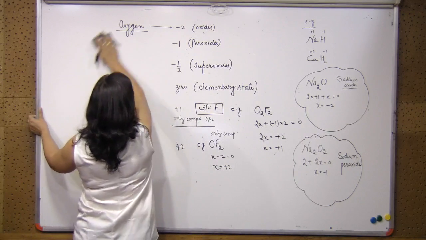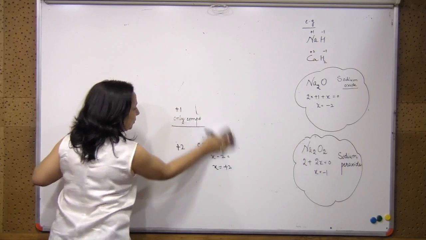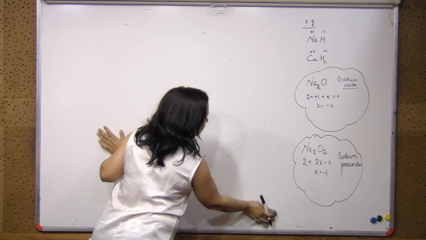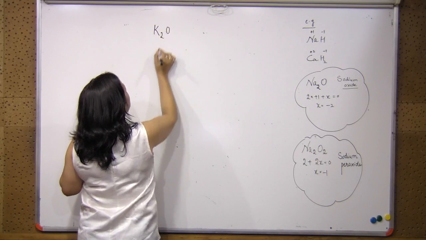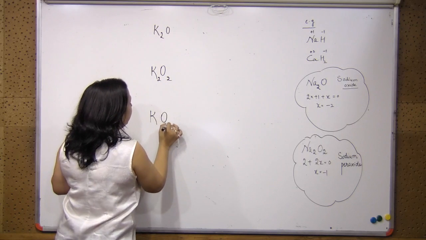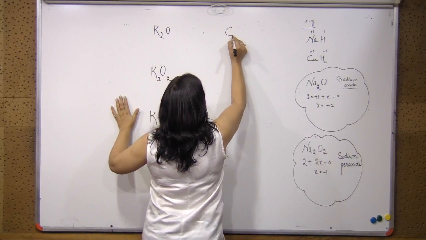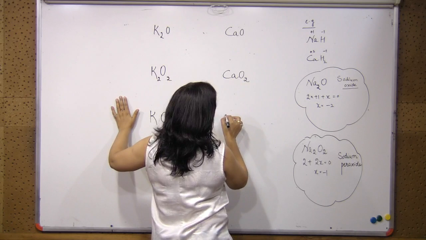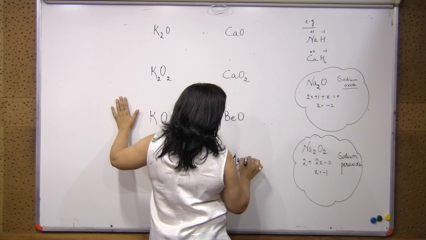Some other examples, let's see. If I write K2O, K2O2, KO2, H2O2, CaO, CaO2, BeO, MgO.